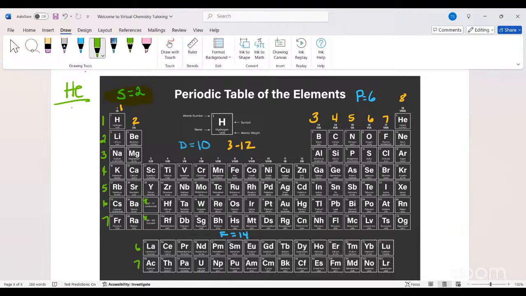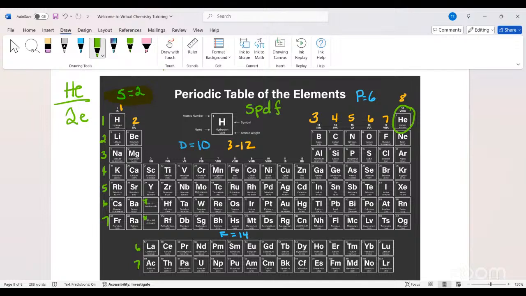Hey, TJ, yes, we're doing electronic configuration. When we look at helium, helium has two electrons, right? You see helium right here? I'm going to circle it. Now, what block is helium in? Is it in the S block, P block, D block, or the F block?